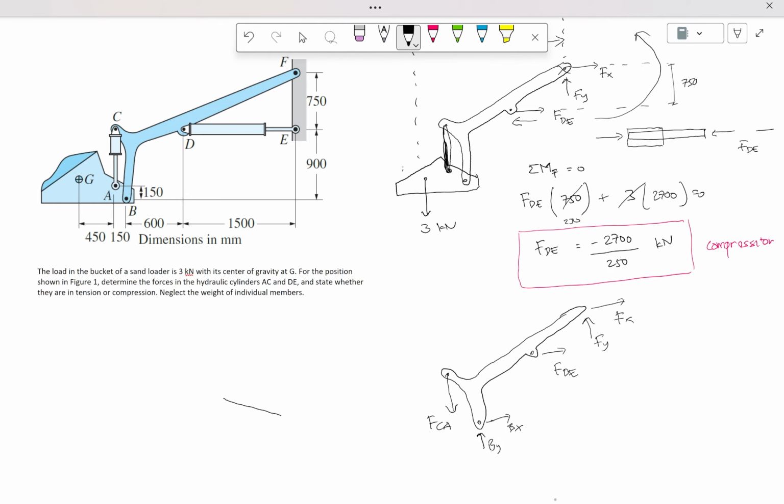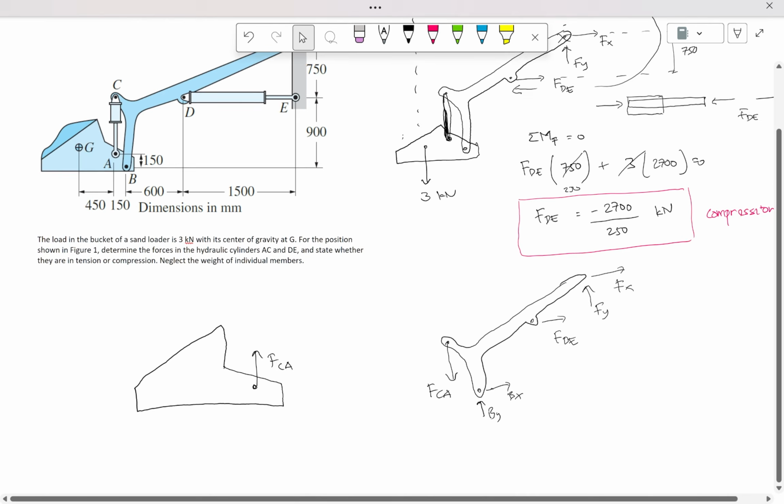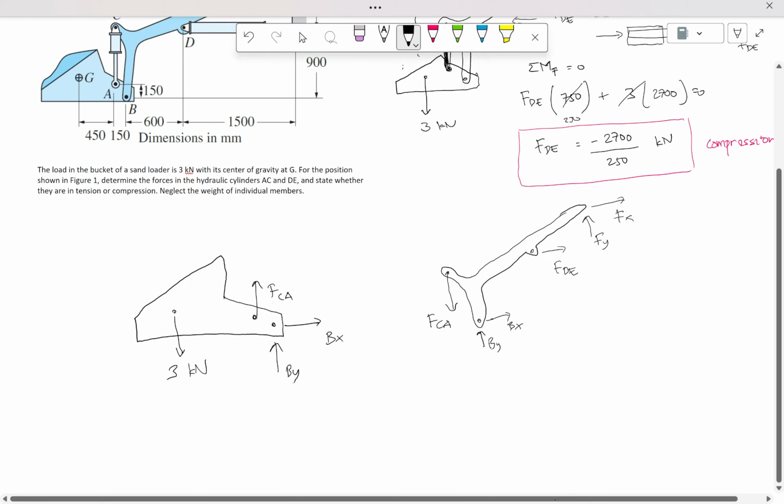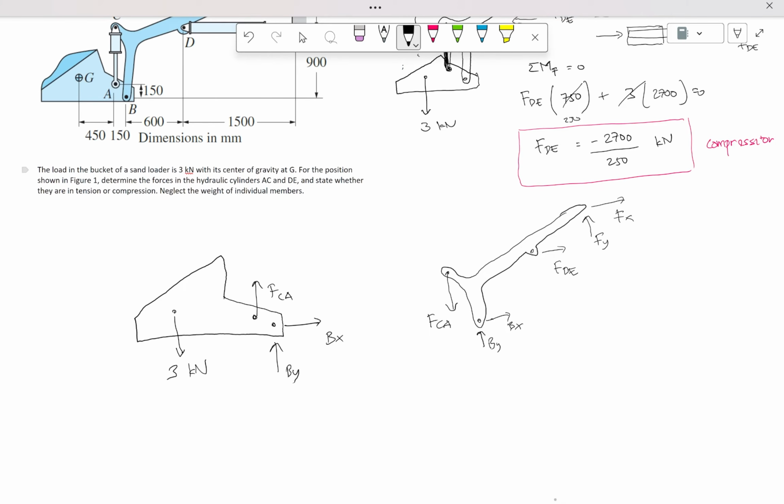The bucket is like this. Here you have FCA, and then at point B you have Bx and By, and at point G you have a load of 3 kilonewtons. How to solve for FCA? You're asked to determine the force in cylinder AC. You just need to take the moment at point B equals 0.